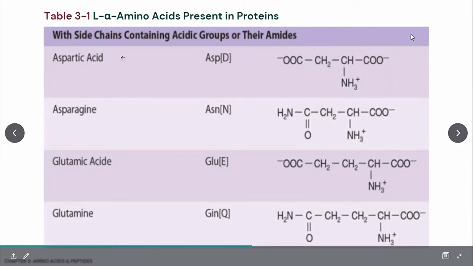So you have aspartic acid and glutamic acid. However, this carboxyl group of your aspartic acid, the carboxyl group on your beta carbon, alpha, beta, then you have a carboxyl group. This carboxyl group attached to the beta carbon can react with an ammonium group, and you have what we call an amide. You see this?